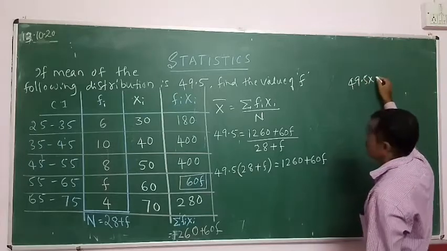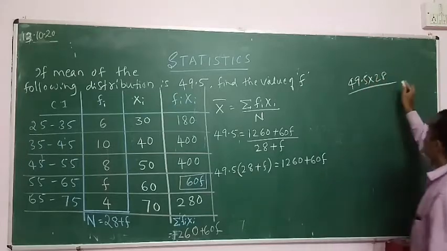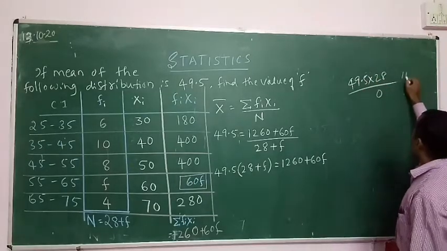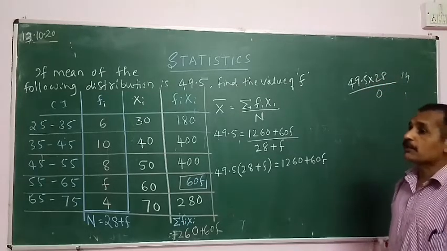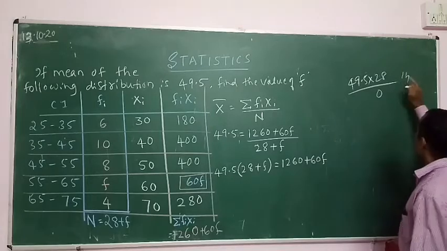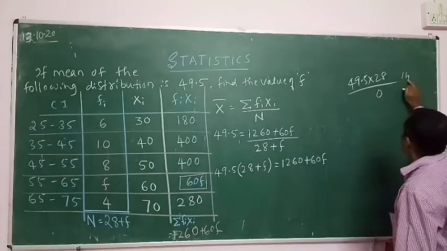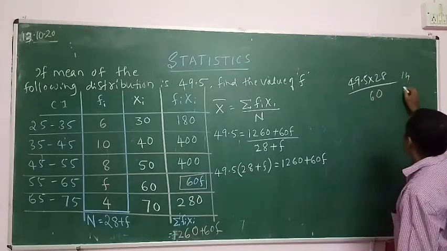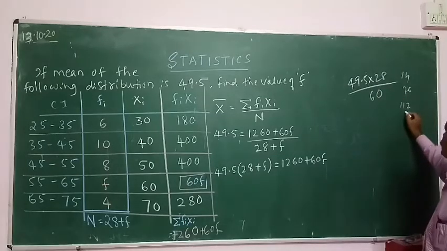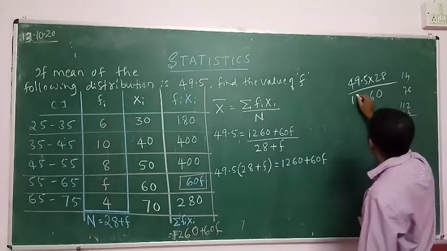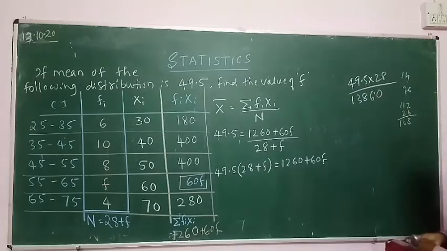49.5 into 28. 28 5s are 140. 138. That means 1386.